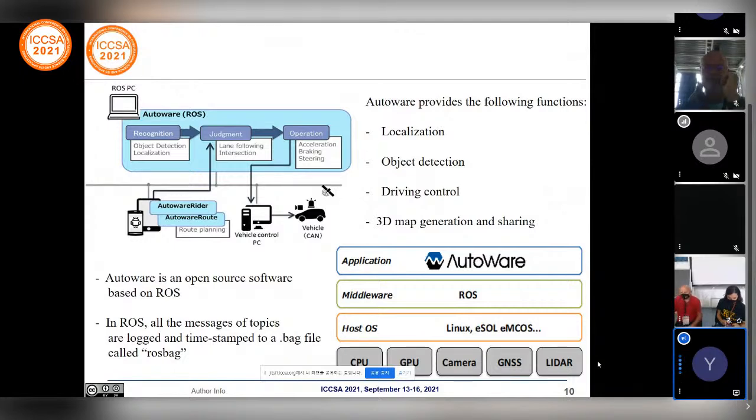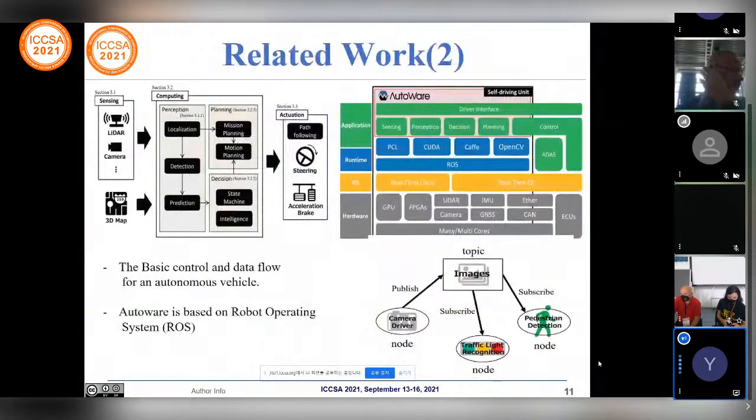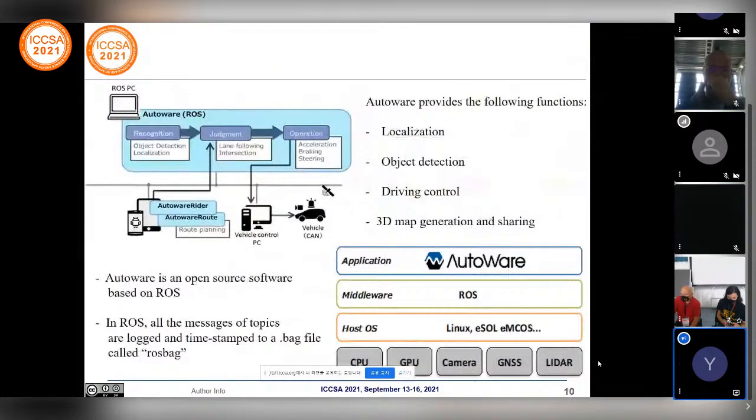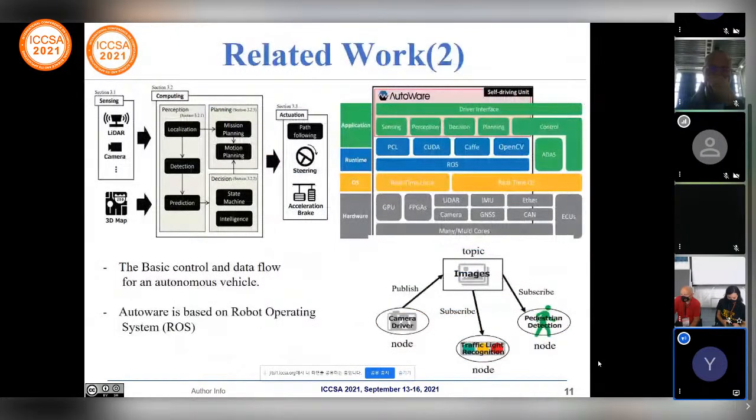In robotics, it's often difficult to analyze the interactions with multiple sensors at once, and this tool enables efficient analysis and debugging of the system.